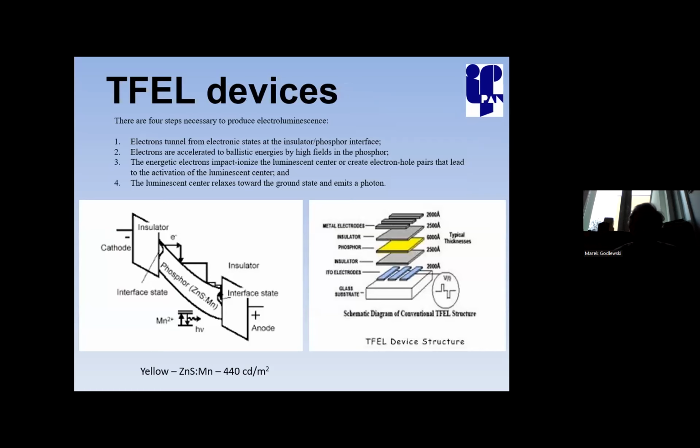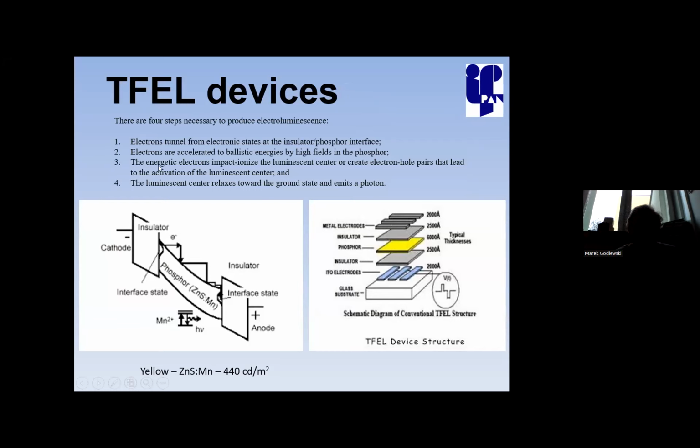But practically, we started to look for an explanation of why this emission can be bright in some cases with John, and this is a cooperation we started many years ago with a group from Finland, who work on so-called thin film electroluminescent devices. TFEL is thin film electroluminescent.